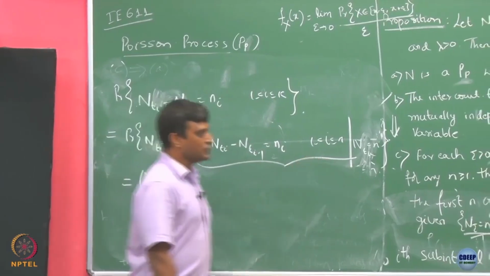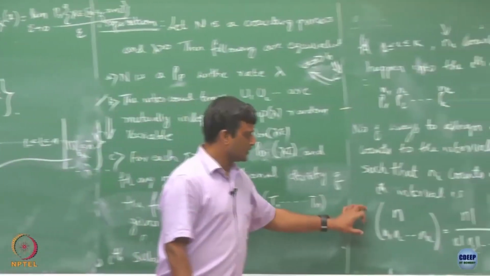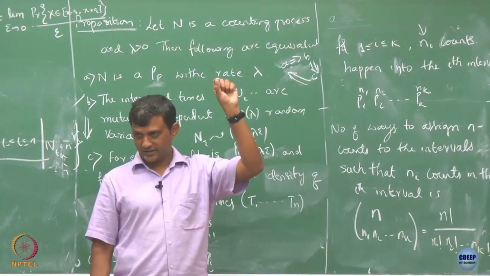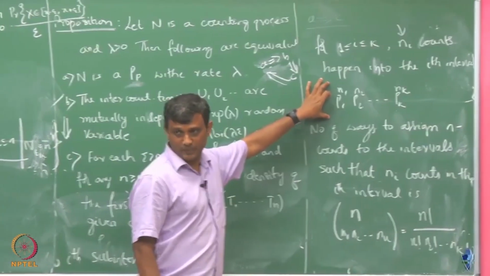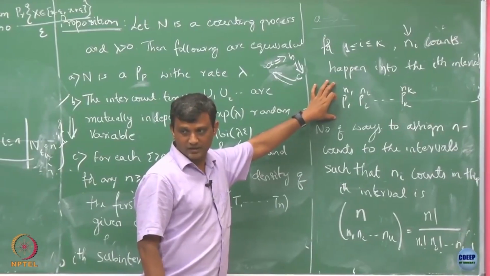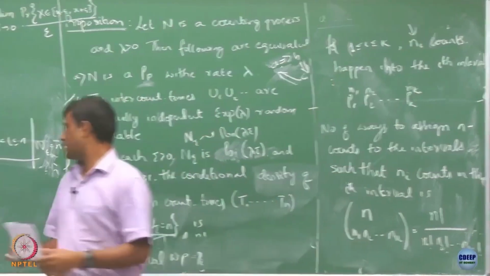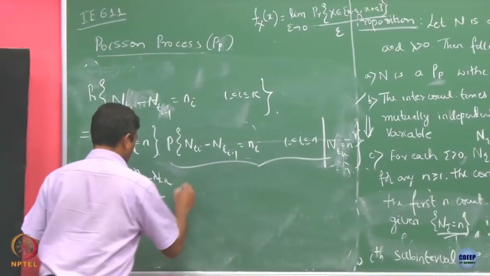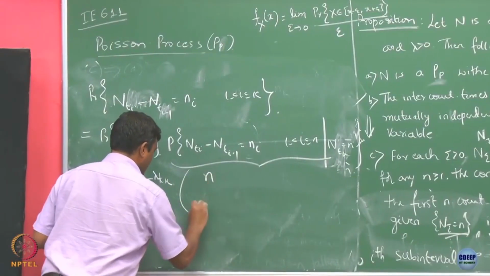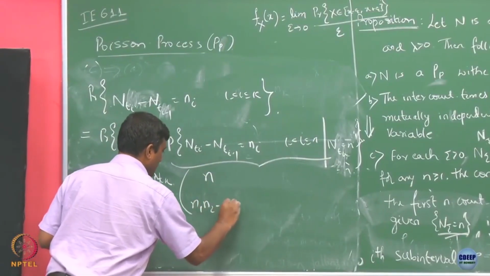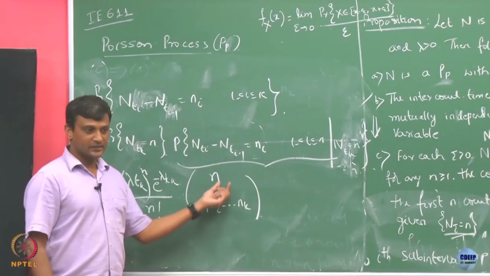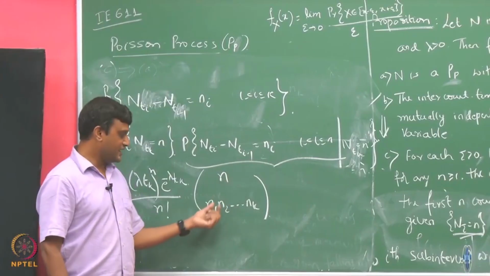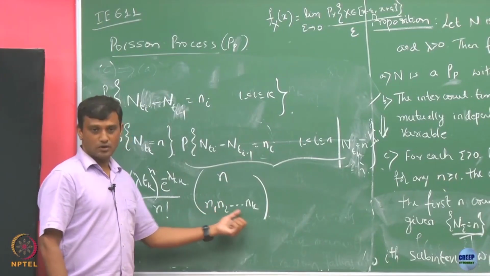I am first going to look for a possible realization, and when I know the possible realization, this is the probability associated with that. So I will consider it over all such possibilities. There are these many ways of partitioning this n into n1, n2, all the way up to nk.